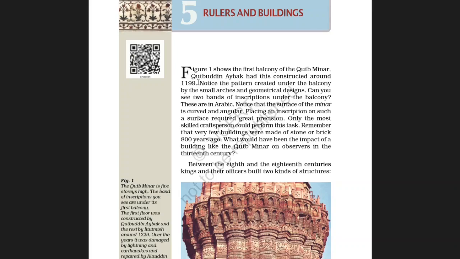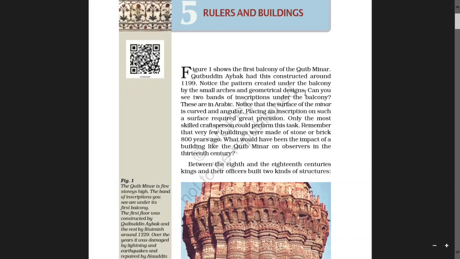Notice the pattern created under the balcony by the small arcs and geometrical designs. Have a look very carefully at how the pattern is created under the balcony by the small arcs and geometrical designs.